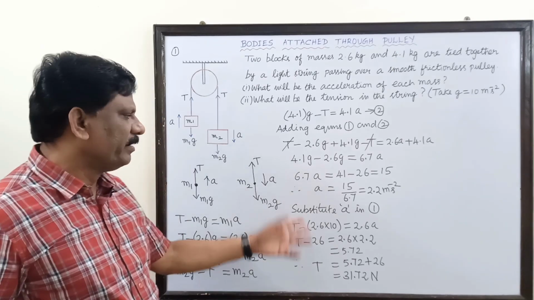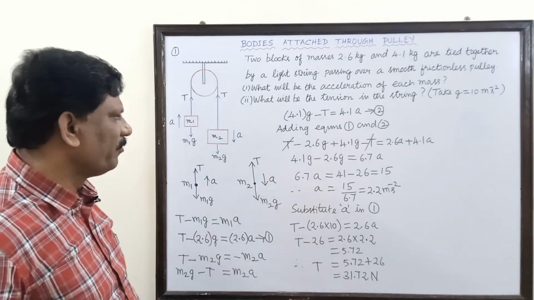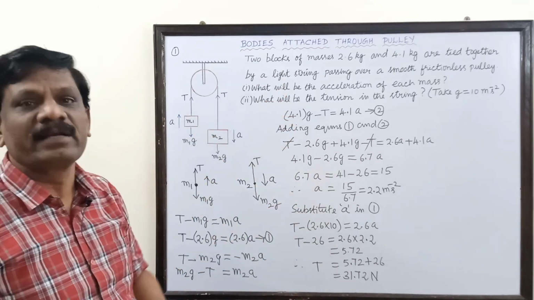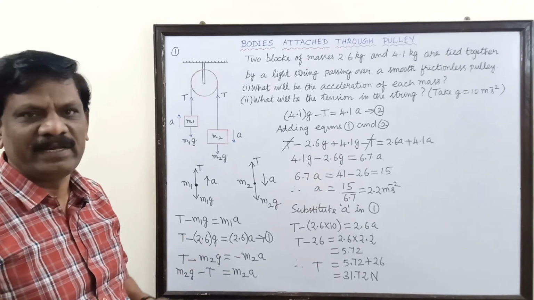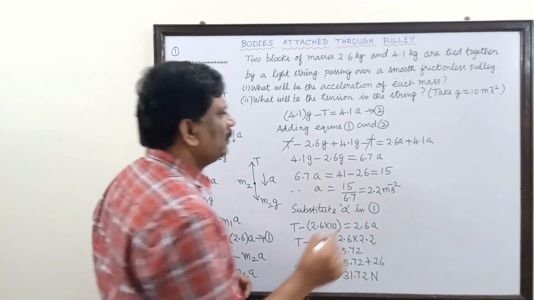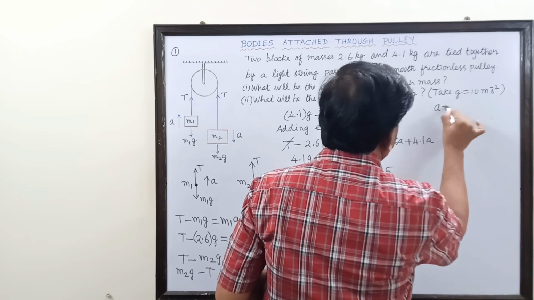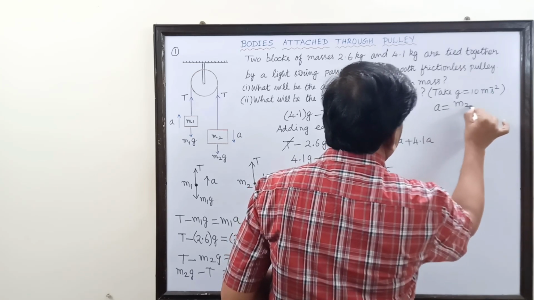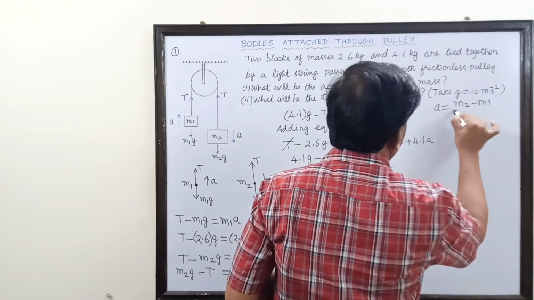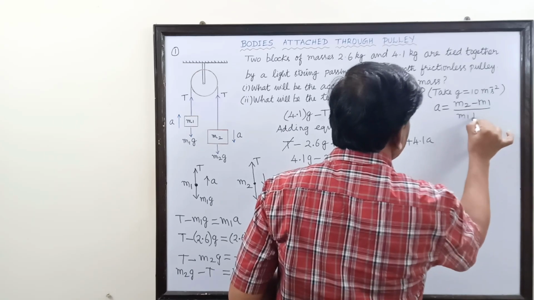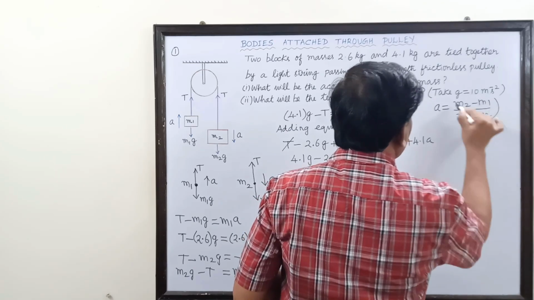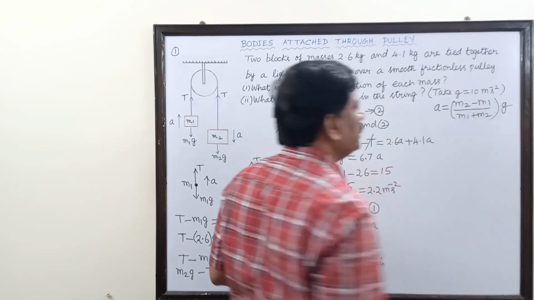Okay. Now by formula method, if you want to find the acceleration directly in competitive exams, you can substitute the values. So by formula method, the acceleration is equal to the greater mass m2 minus the smaller mass m1, divided by the sum of the masses m1 plus m2, into g.